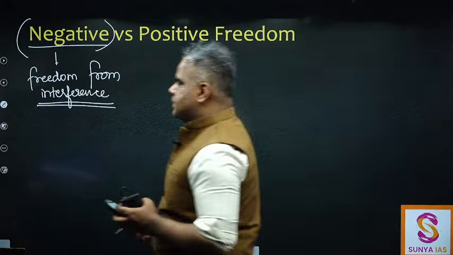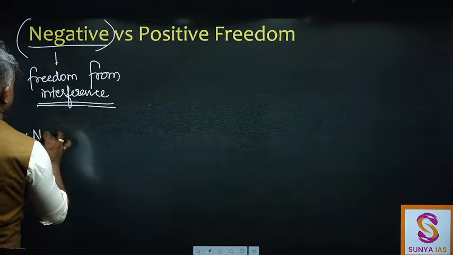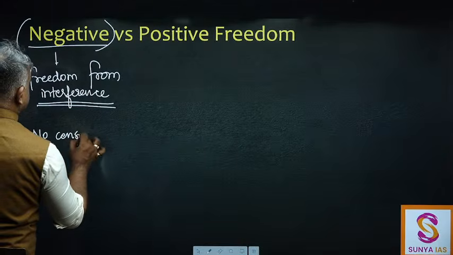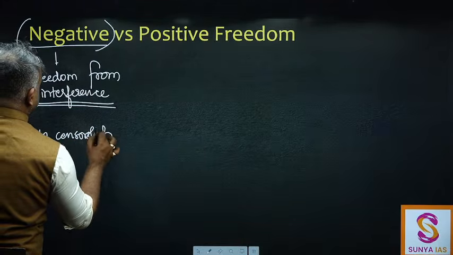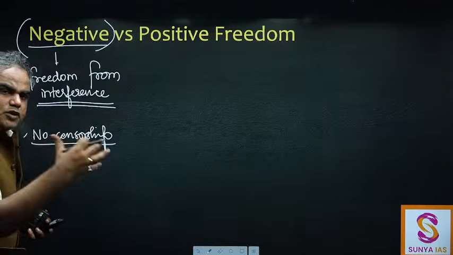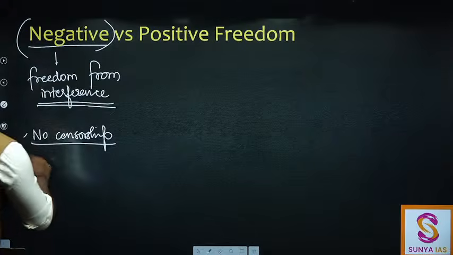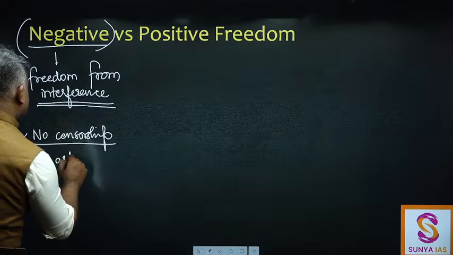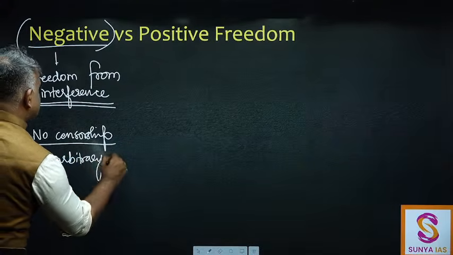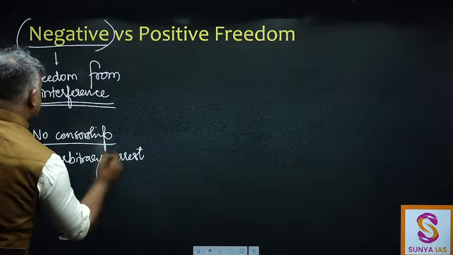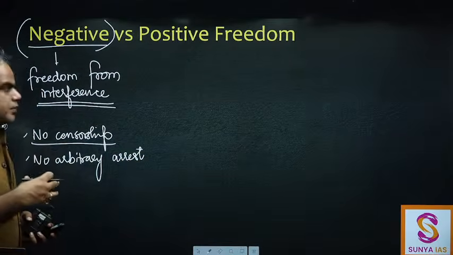Now, to give you an example, if there is no censorship, my activity is not going to get censored. That is an example of negative freedom. Okay. For example, if I say no arbitrary arrest, right?